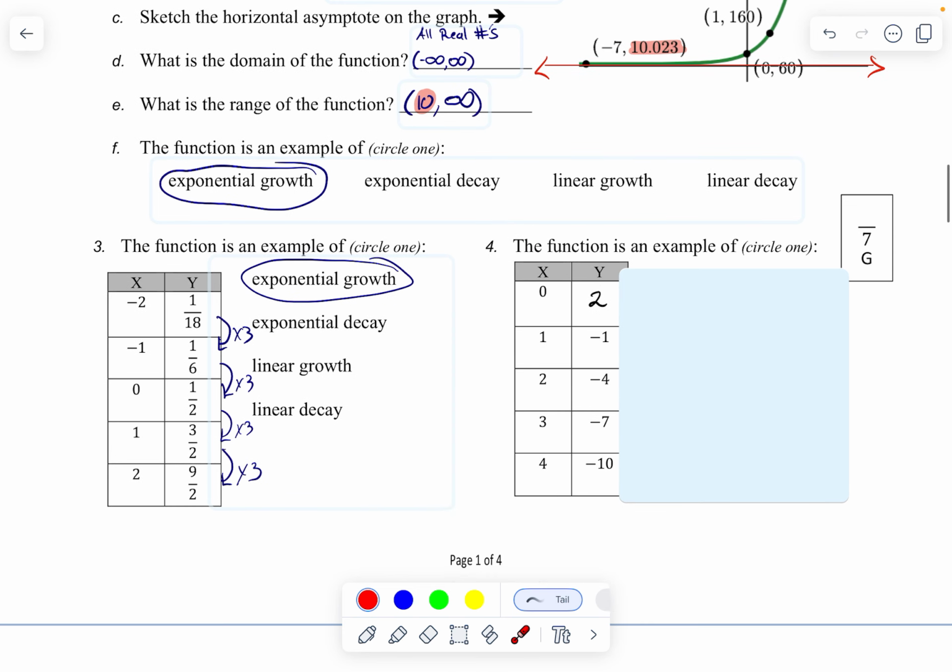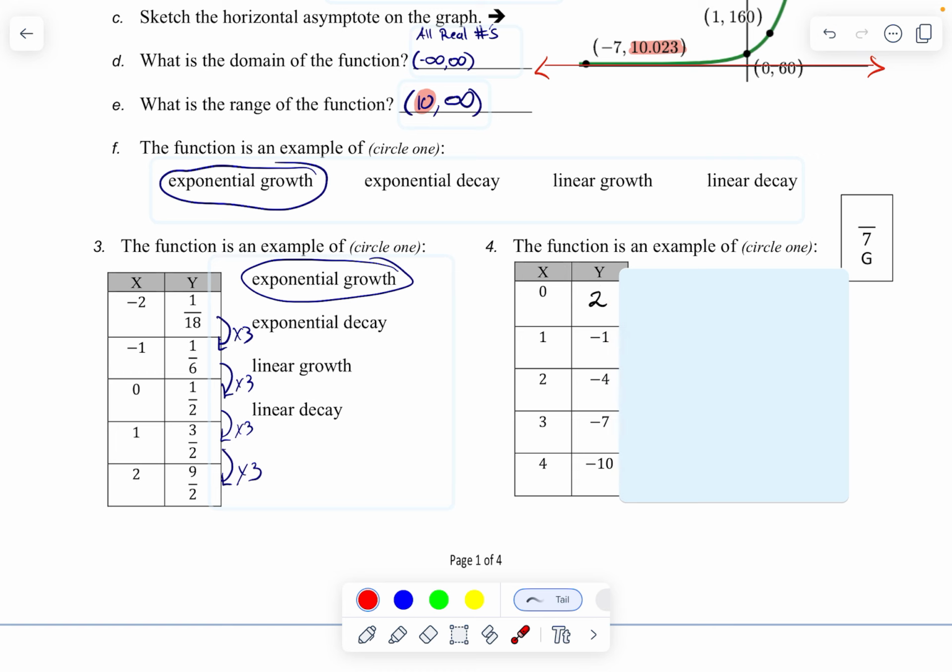If I look at the next one, if I go from 2 to -1, and -1 to -4 to -7 to -10, I'm starting to see this pattern that I am decreasing. I'm subtracting 3 every time. So that's not exponential. If I'm changing by adding or subtracting a constant amount, that's going to be linear.